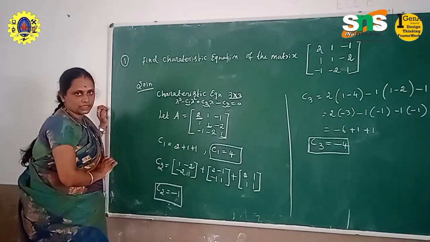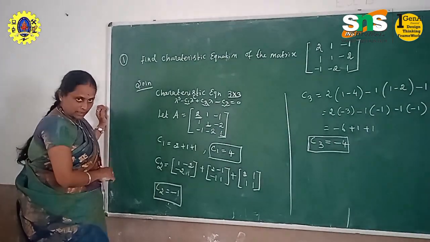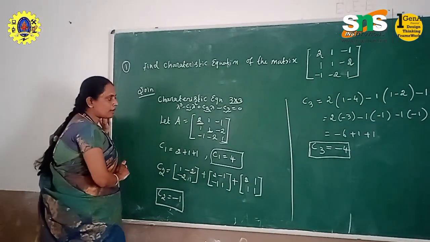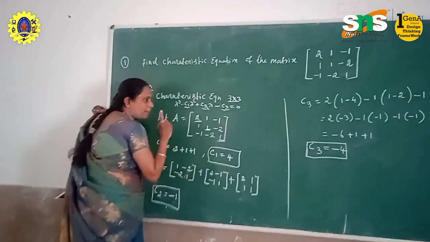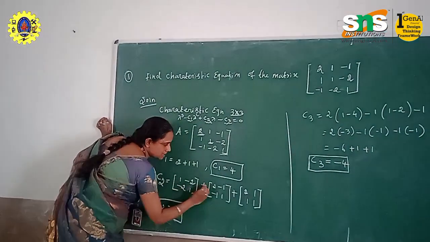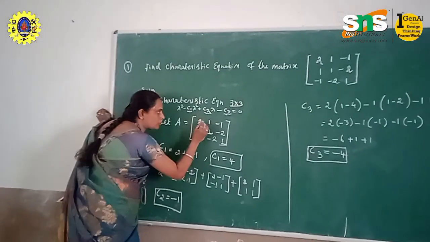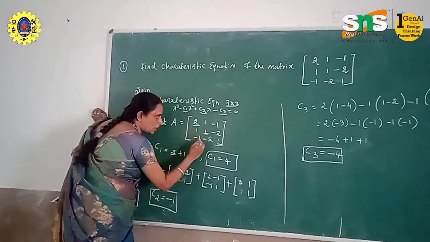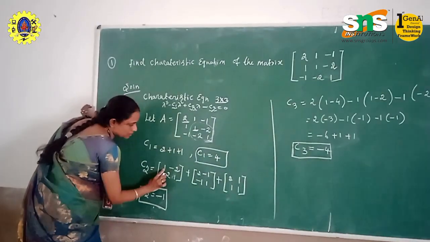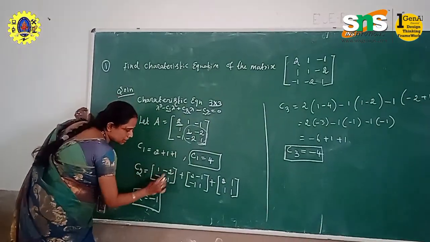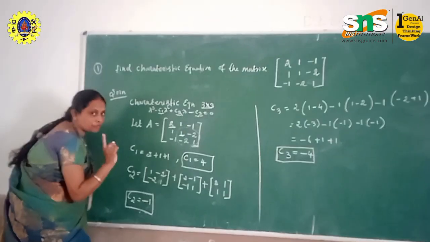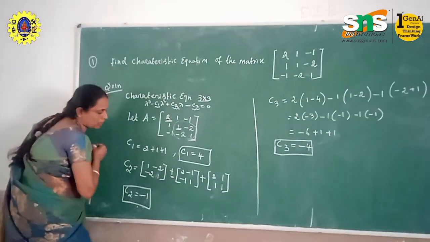Then we find c2. C2 is the sum of the minors of the main diagonal elements. First we leave the first row and first column, and write the remaining elements: 1 minus 2, minus 2 1, plus.